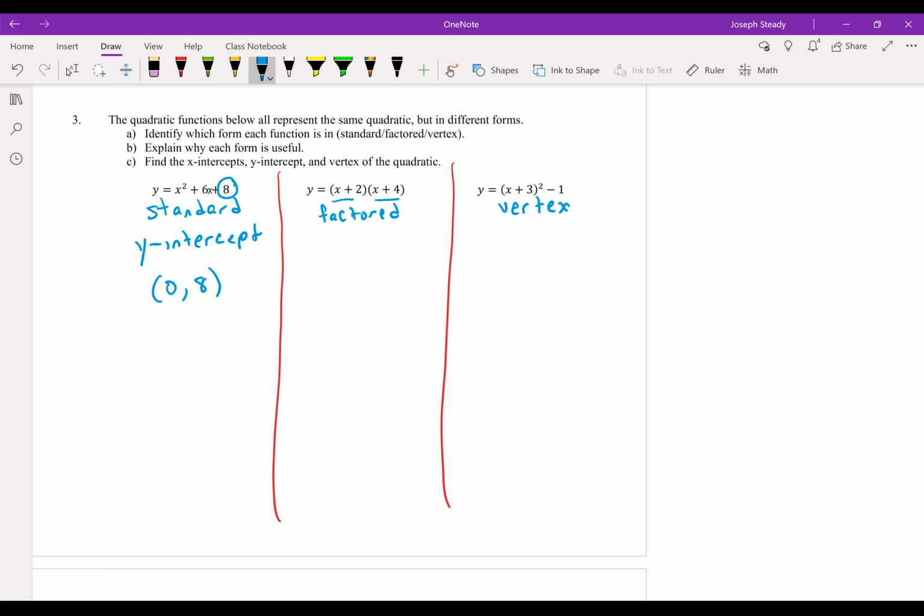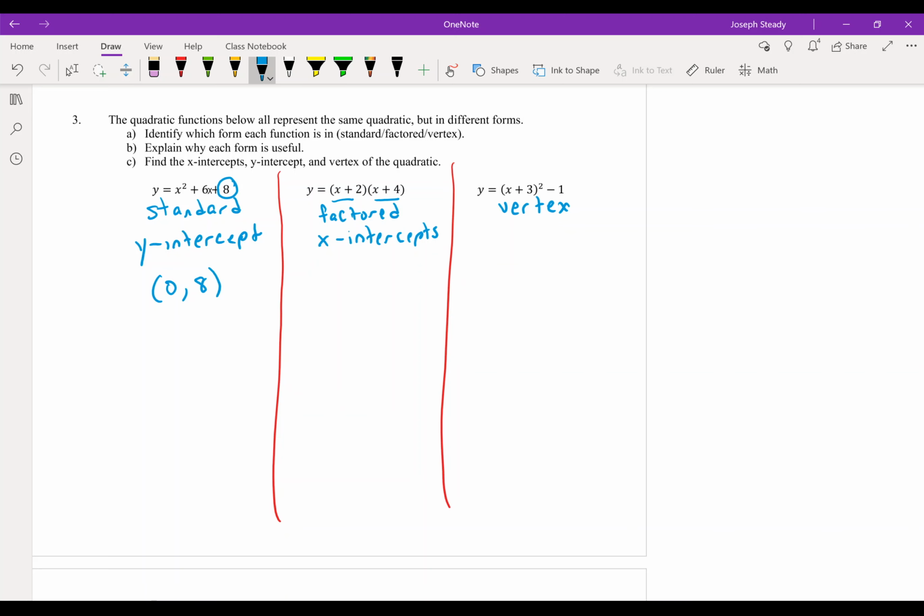Factored form is really good at finding the x-intercepts. Now the x-intercepts are what make our equation equal 0 as the output. So in other words, we need to find what x value will give us 0 as an answer for y.